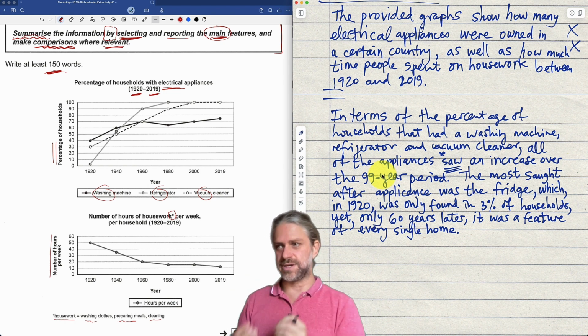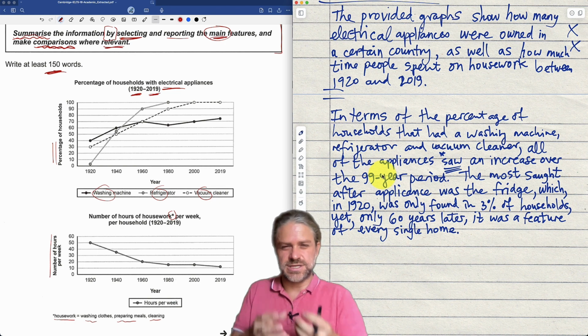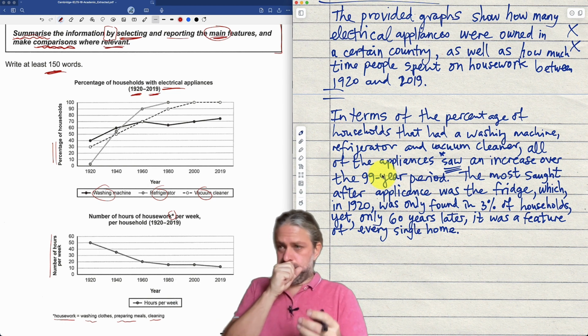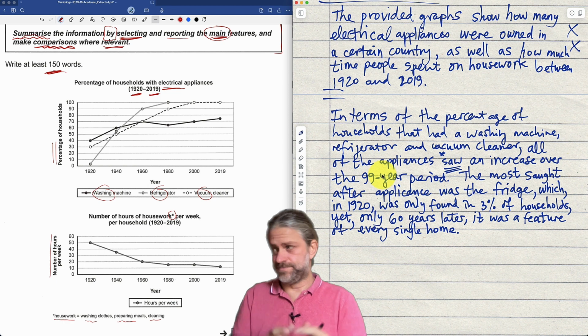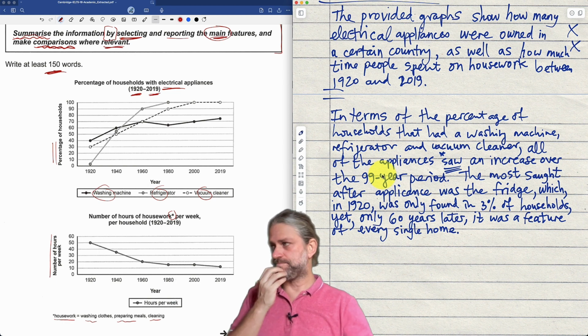The most sought after appliance was the fridge, which in 1920 was only found in 3% of households, yet only 60 years later it was a feature of every single home. Feature means it featured. That is another way to say it existed. Okay.